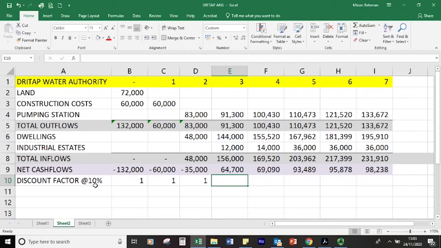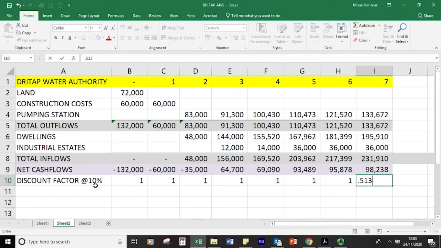I'll deal with these ones later. Let's just put this: 0.751, 0.683, 0.621, 0.564, and year 7 is 0.513.